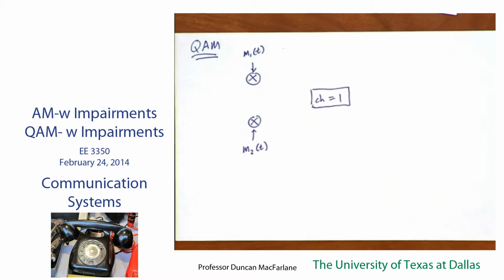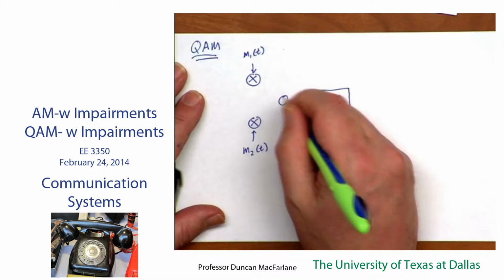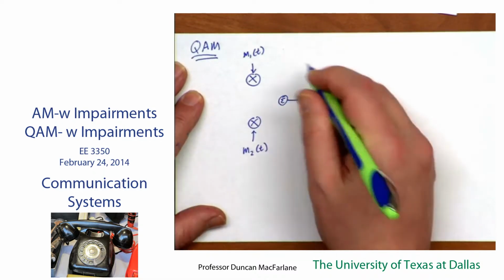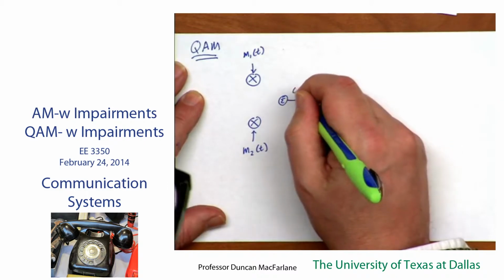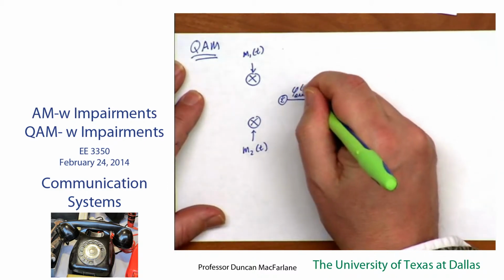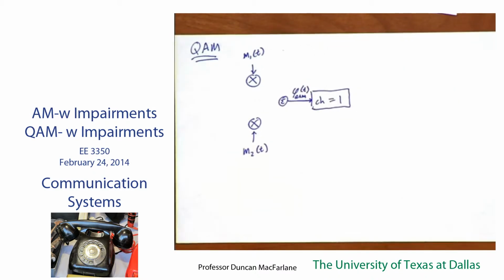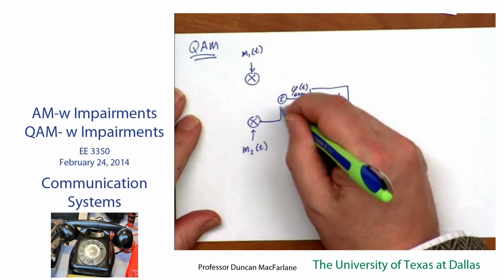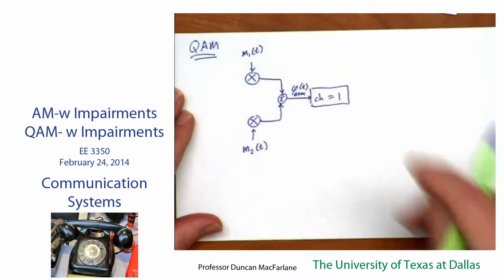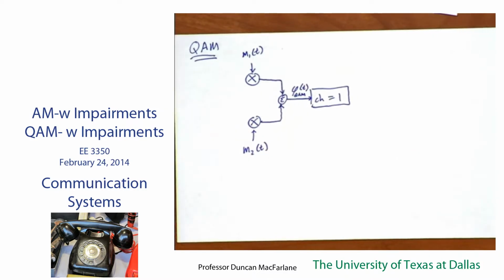Okay? And so what goes into my channel is a signal psi sub QAM of t that goes into my channel, and it has the information for both of these guys on it.